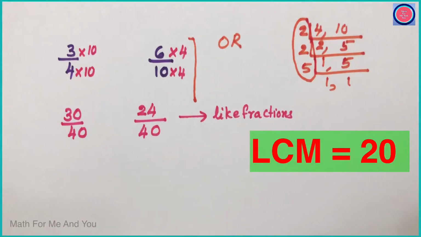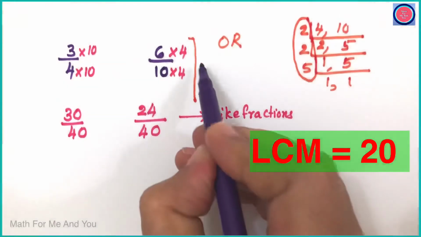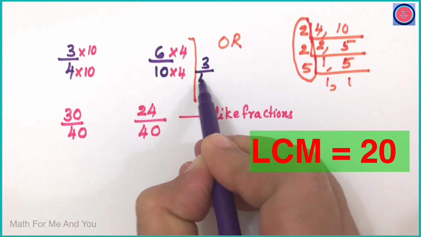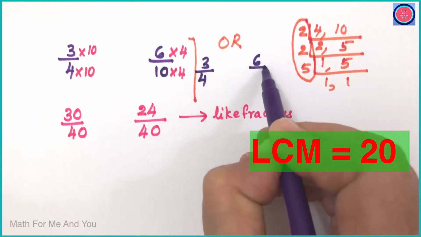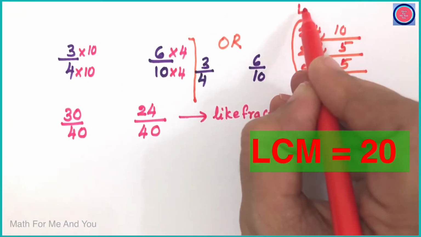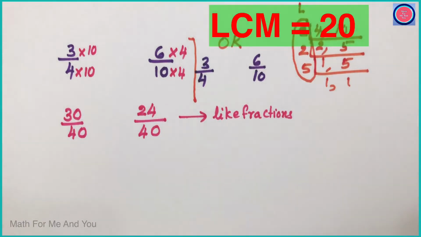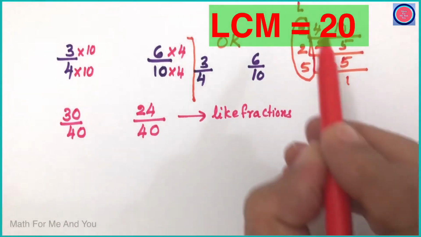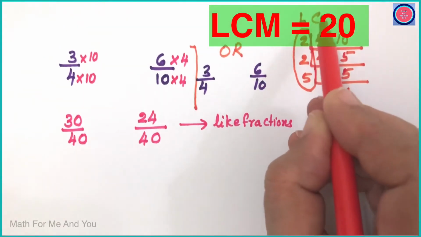So now we are going to change both the denominators to get the number 20. How can we do that? The fractions are 3 over 4 and 6 over 10. Denominator, first one is 4 and the second one is 10. What is the LCM? LCM is 2 times 2 times 5, that is 20.